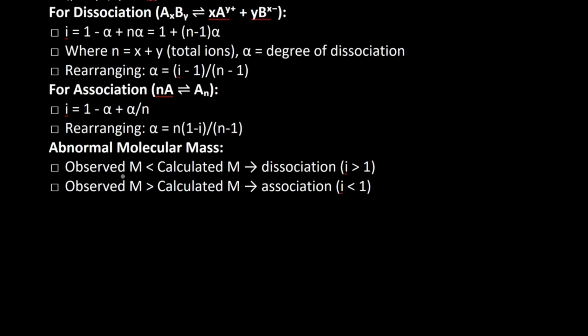Then for dissociation, alpha is equal to i minus 1 by n minus 1. For association, alpha is equal to n into 1 minus i divided by n minus 1. Sometimes they ask you to get the degree of dissociation or association, so for that you can use this formula.